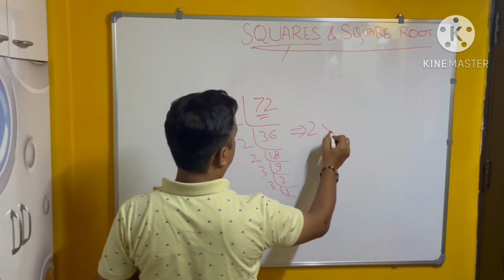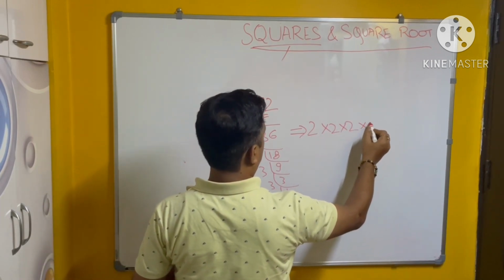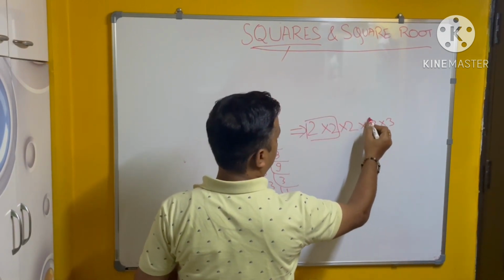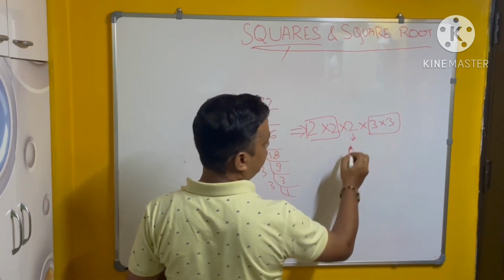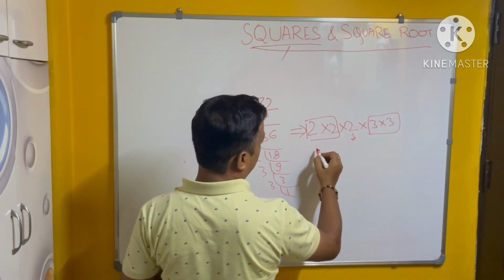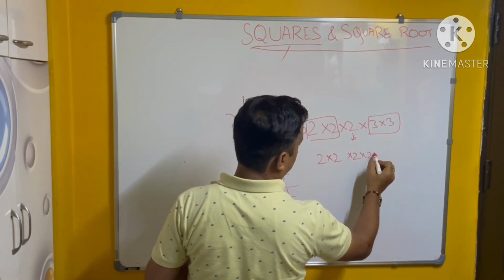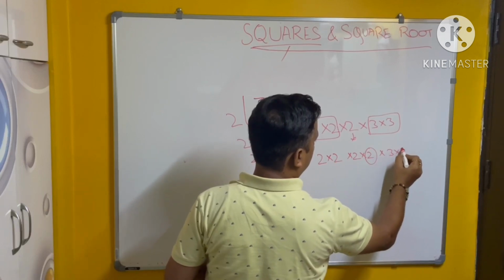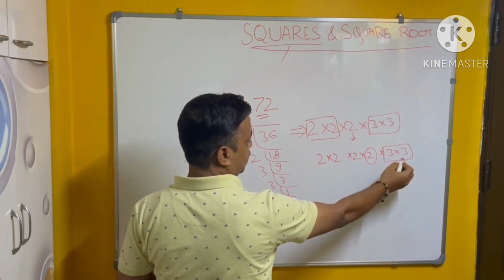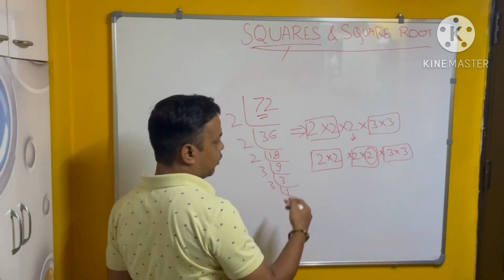So we can write the factorization as 2 into 2 into 2 into 3 into 3. We have one pair, another pair of 3, but we do not have the pair of this 2. So to make it a perfect square, we need to multiply by 2. Now this is also a pair, this is also a pair, and it is also a pair, right? So now it is a perfect square.